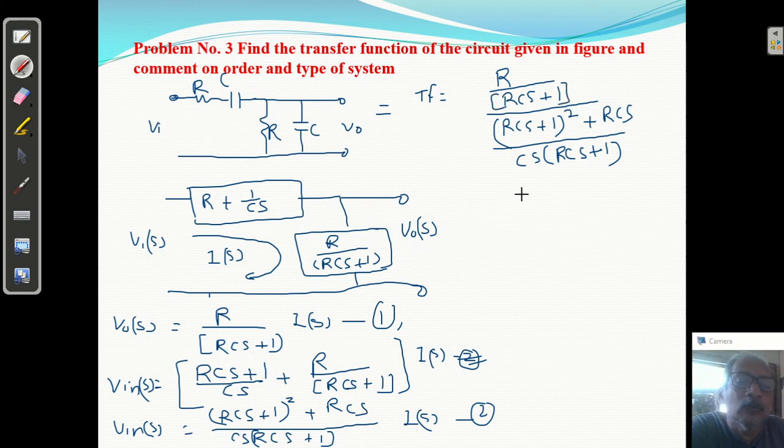Okay, so what will happen? This term RCS plus 1 and this RCS plus 1 will be cancelled and this will go up. So transfer function equal to what? RCS upon, what will this become?